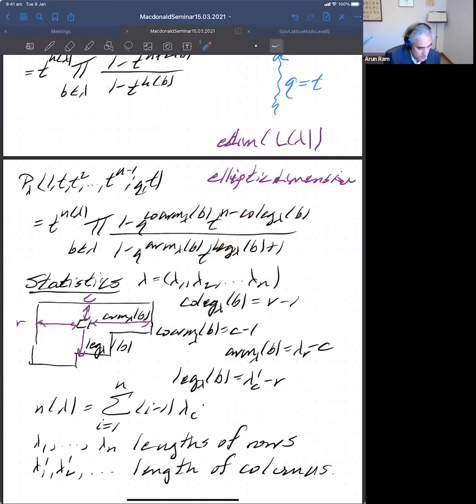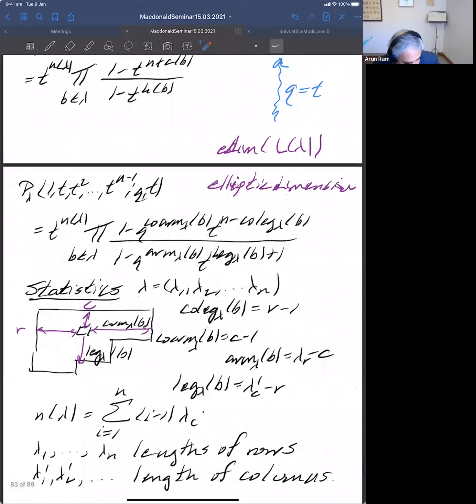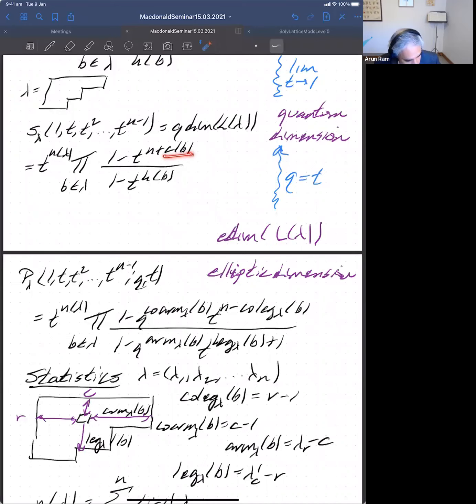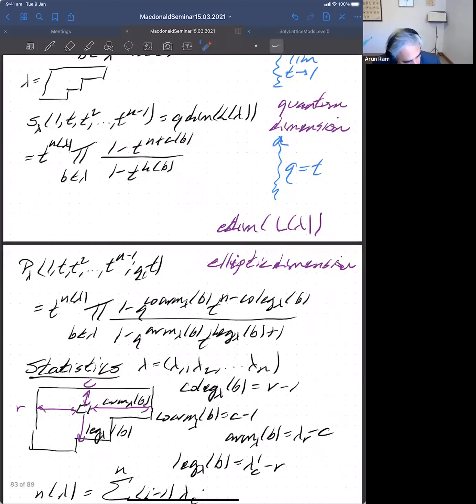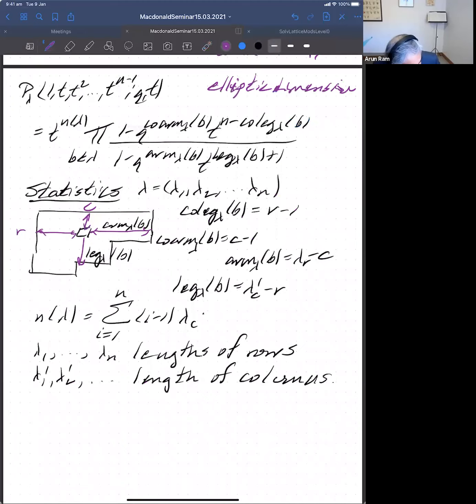So of course, what I had wanted to understand was this content and this hook. But now, of course, we have some hint of what that is, because the content of the box is, well, we can look just at the formula here.